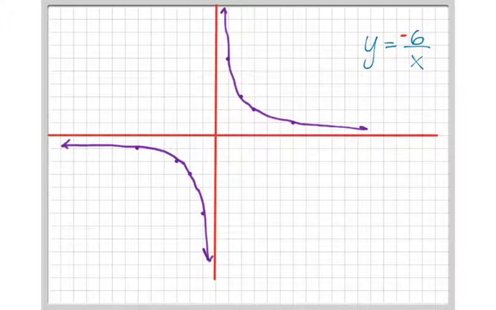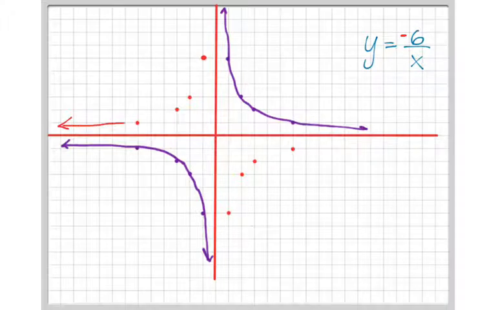If I were to make that a negative 6, then in order to get numbers that multiply to be negative 6, the x and the y's have to have different signs. So I would have to have (-2, 3), (-3, 2), (-6, 1), and (-1, 6).